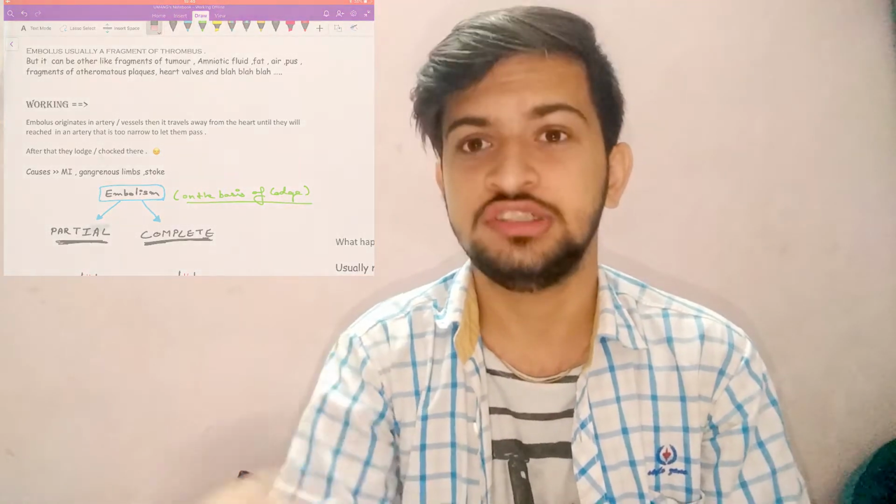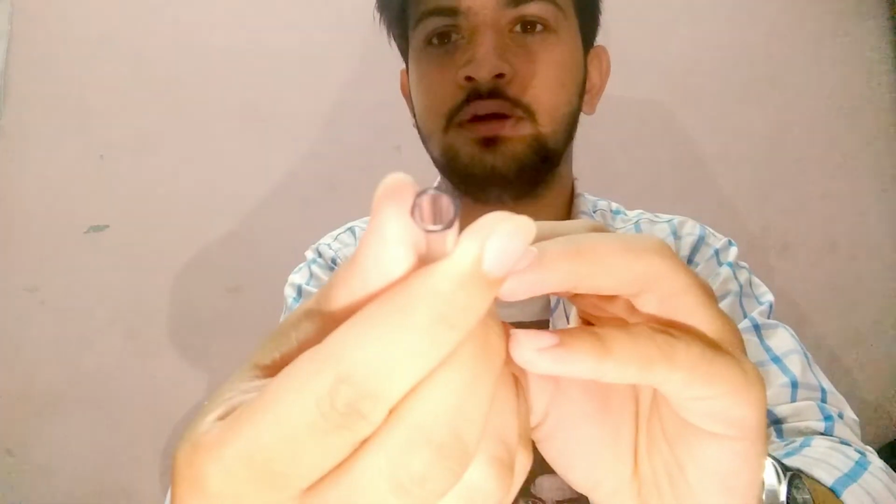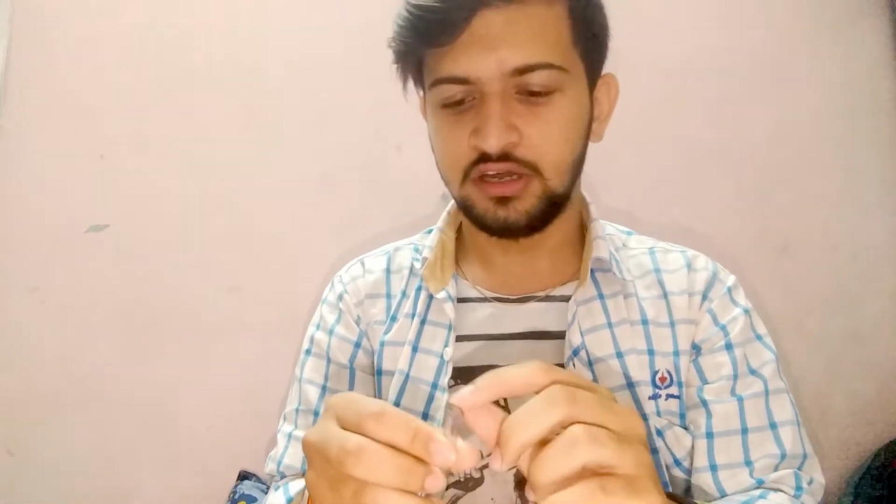So let's learn with the example of the pen. With this example of a pen you can feel what embolism really is. First of all, I just disassemble the whole pen. It has two parts, one smaller and one bigger. The bigger one is for the heart and the smaller one is for the tissue.